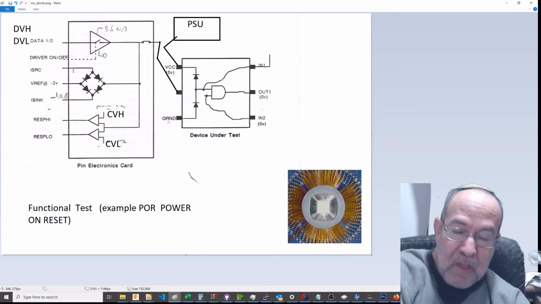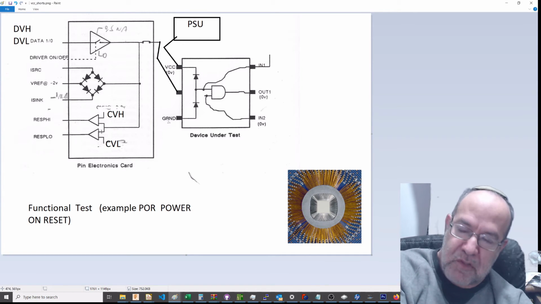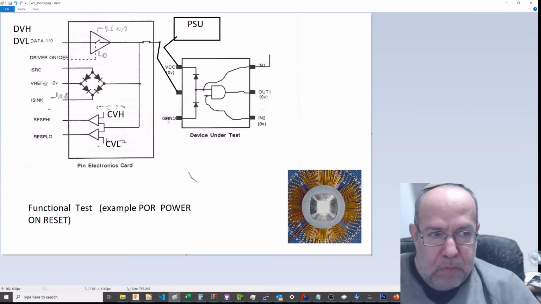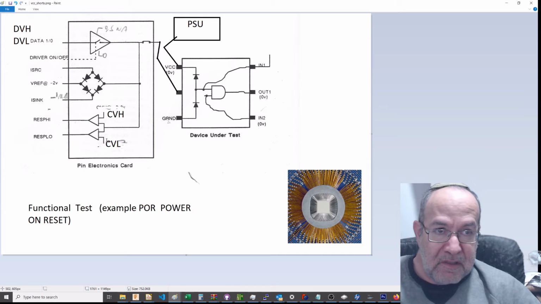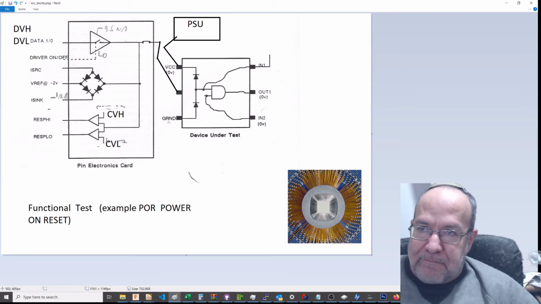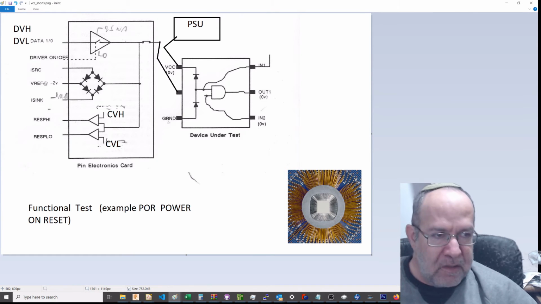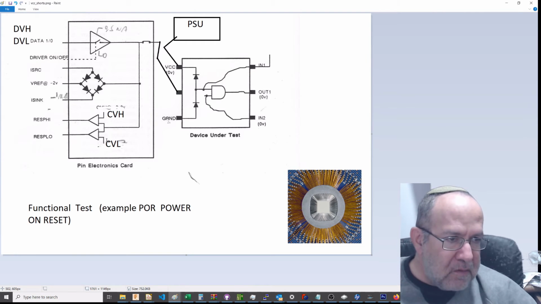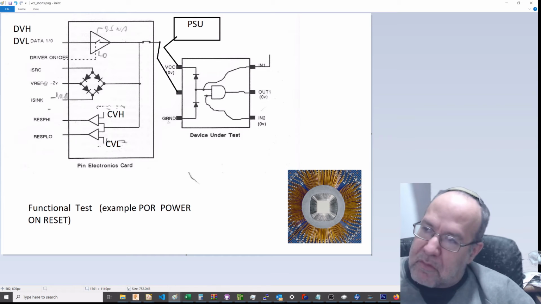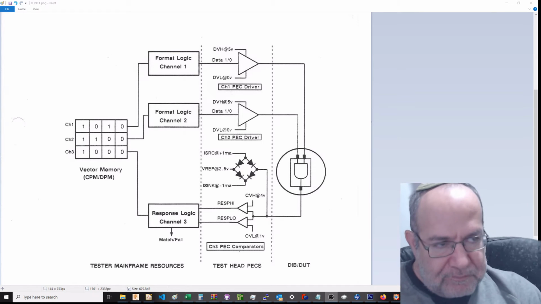So I can program what voltage I want to be called high and what voltage I want to be called low. Okay, I think this is relatively standard to a chip, to testers. That the DVH, DVL, device drive high, drive low, compare high, compare low.